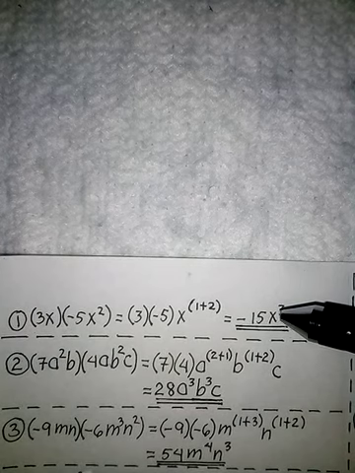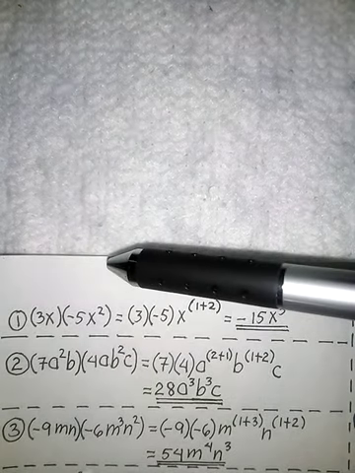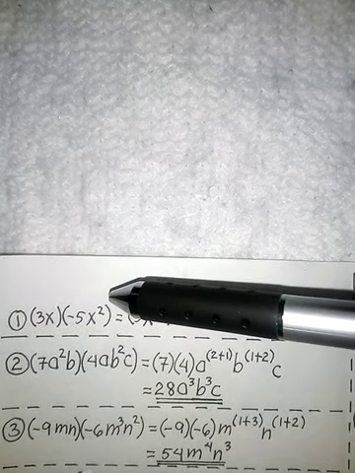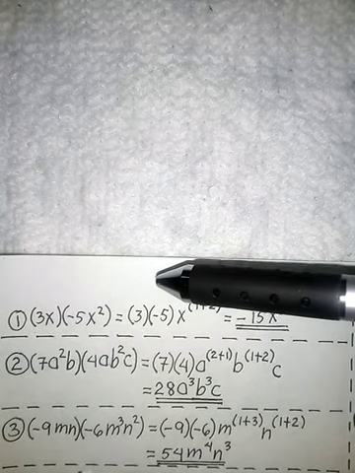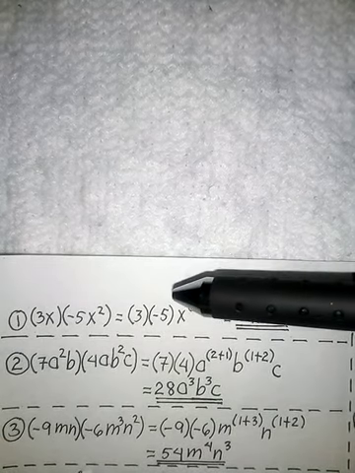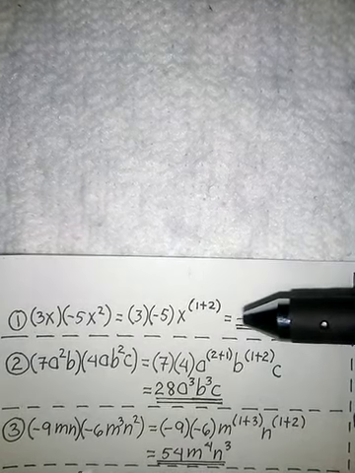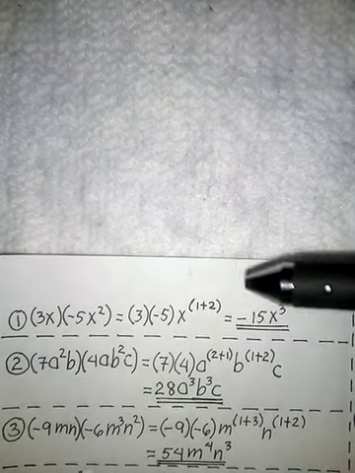So, let's take these sample problems. Number one, we have 3x multiplied by negative 5x squared is equal to... The first step is to multiply the coefficients. We have 3 as the coefficient of 3x and negative 5 as the coefficient of negative 5x squared. 3 times negative 5 is negative 15 because positive times negative equals negative.